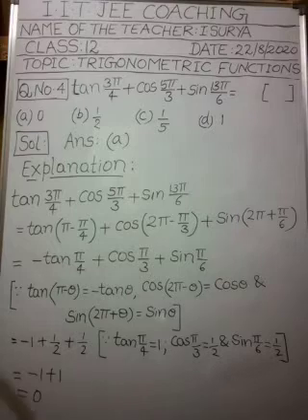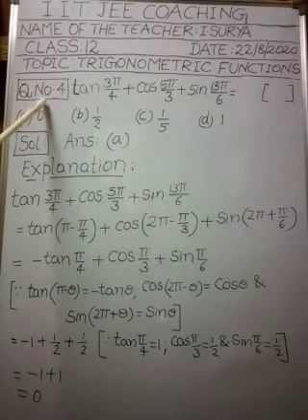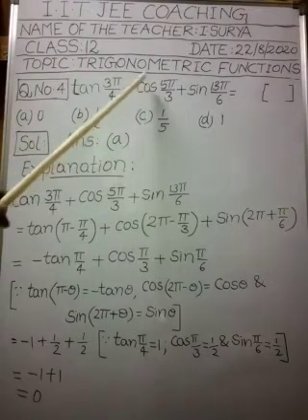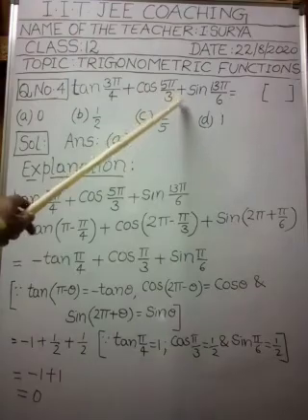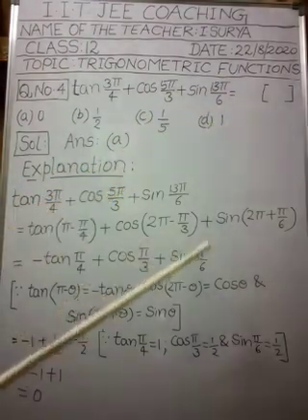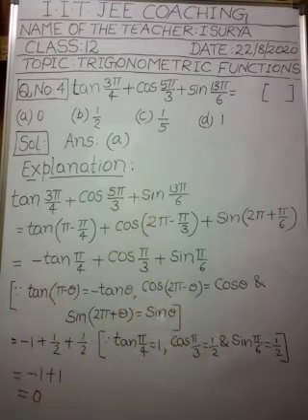Right. Now come to the next question. Question number 4. Tan 3 pi by 4 plus cos 5 pi by 3 plus sin 13 pi by 6 is equal to. Here also we have to find the value of this expression.